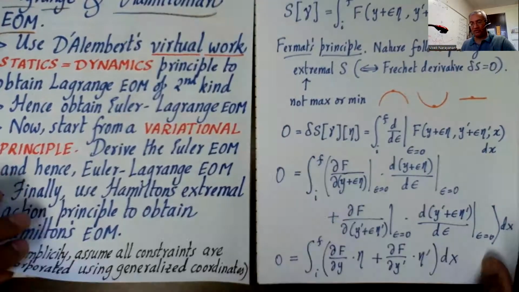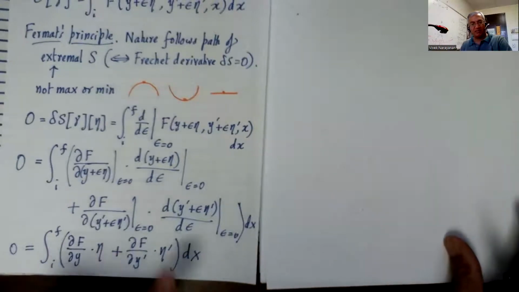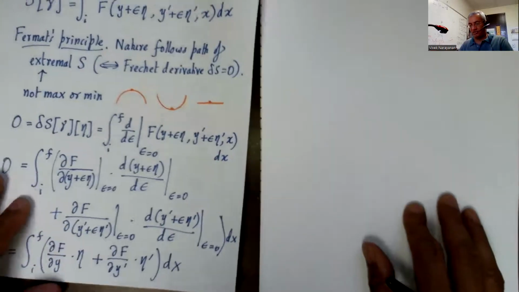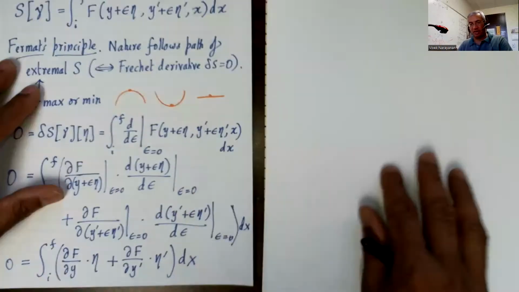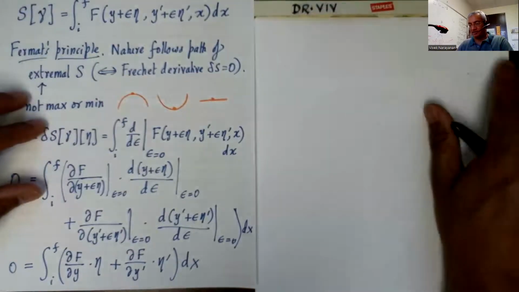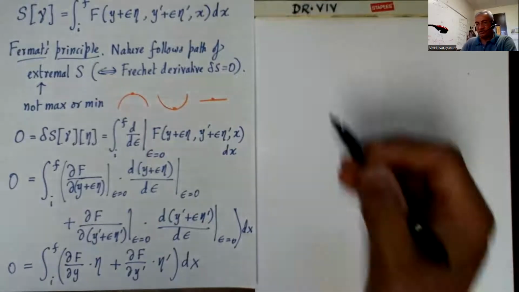So that's a very nice looking object, but we can't do anything with it because of this eta and eta prime, two different things. Eta is completely arbitrary and describes a variation in the path. Keeping in mind that eta is completely arbitrary, you can't make any assumptions about eta. That's the reason why we do the next step.